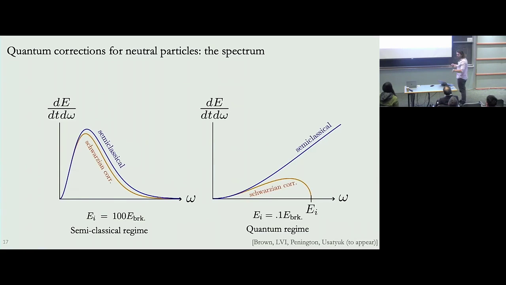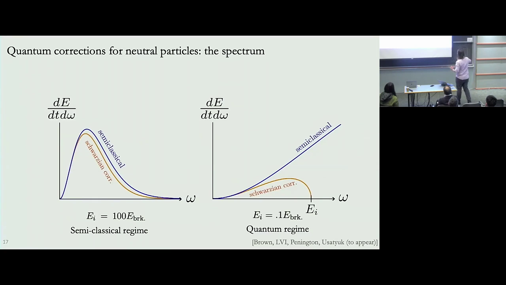However, if we go below this scale, so let's say that the initial energy is 1/10 the breakdown scale, this is the quantum regime when the JT modes become important, and the semi-classical distribution becomes completely different from the quantum corrected one. And this is what resolves the puzzle that I was showing you previously.